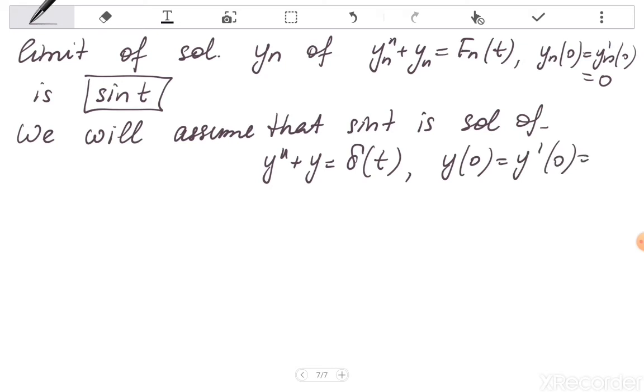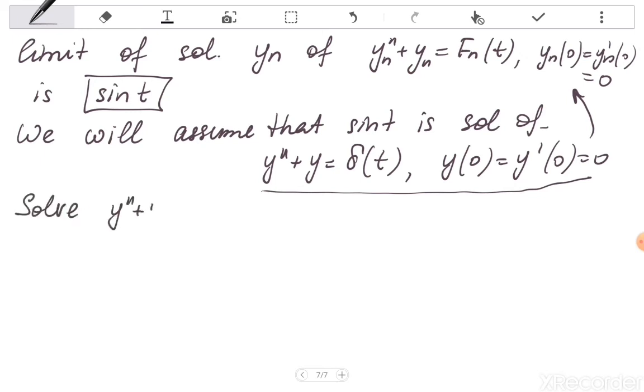So in fact, we define that the solution of this initial value problem is the limit of solutions of these initial value problems. And in fact, we do not need to do this each time. We can solve this initial value problem now, because we already defined what the solution is.